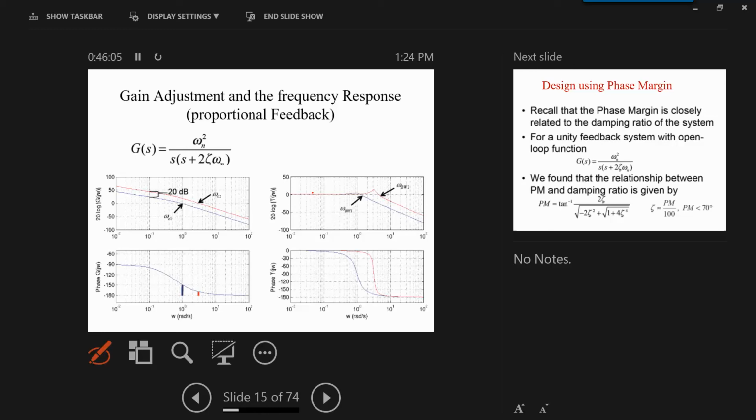What happened to the phase margin? It will decrease, right? As I increase gain, the phase margin will decrease, and eventually for a second order system, the phase margin can go to zero. If I increase the gain too much, this can go to zero. So this is how I can see it, right?